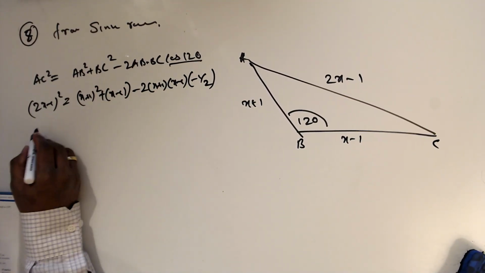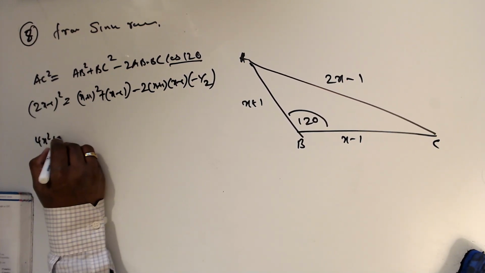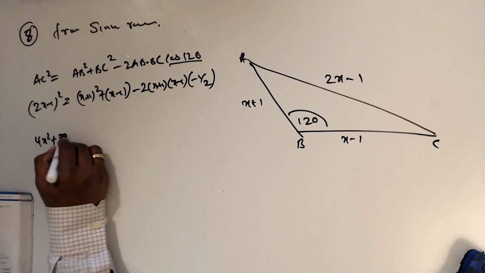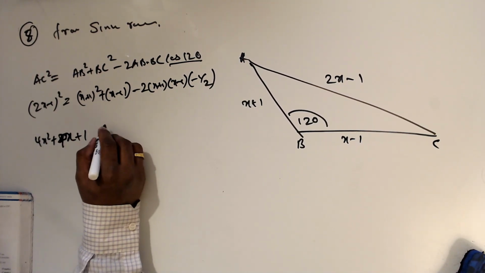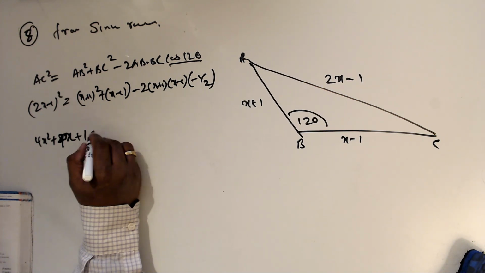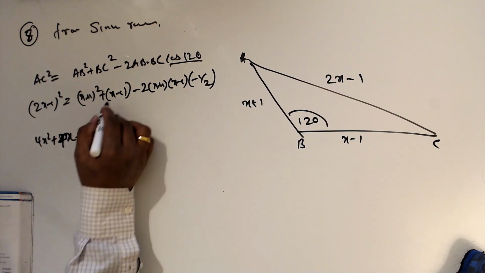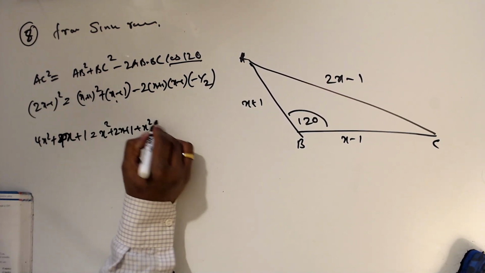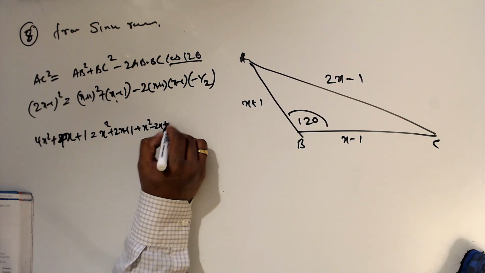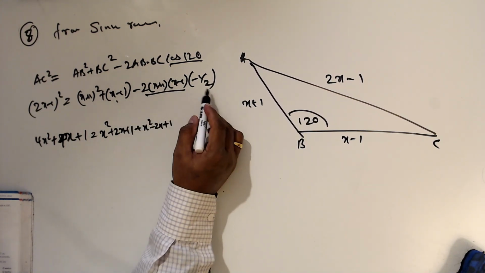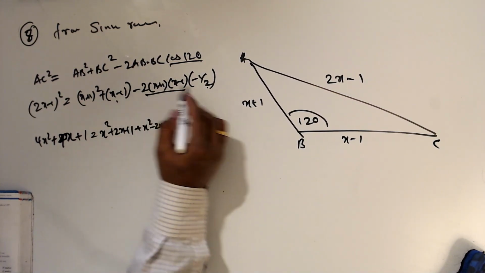So 4x square minus 4x plus 1 equals x square plus 2x plus 1, plus x square minus 2x plus 1, and from here this becomes positive and the 2 and 2 cancel out.